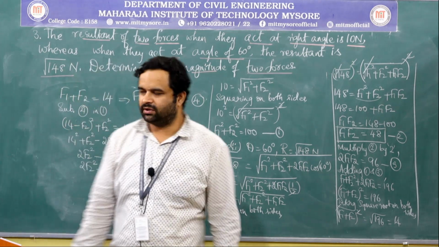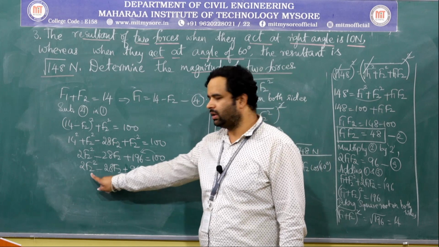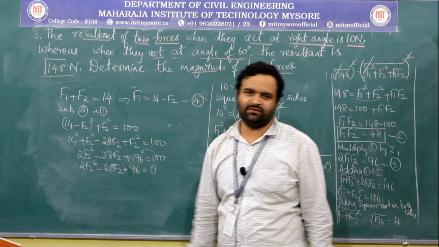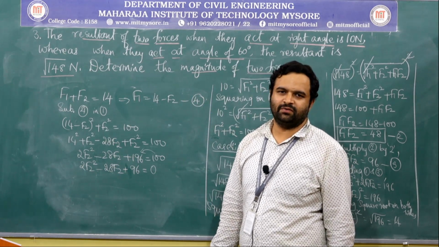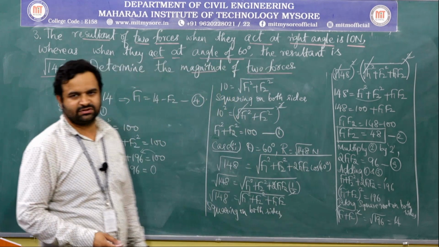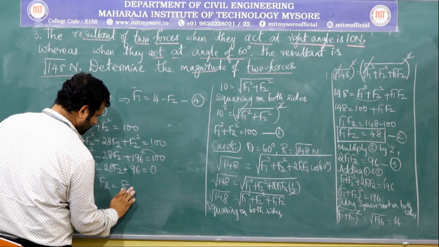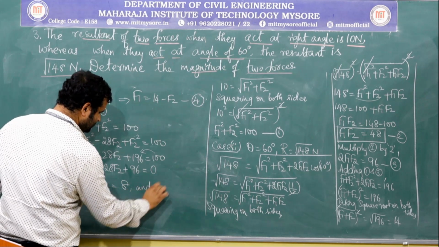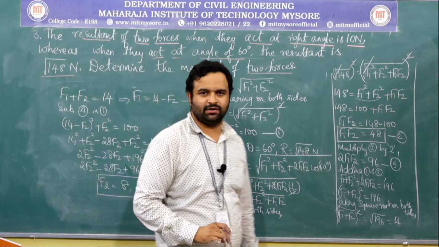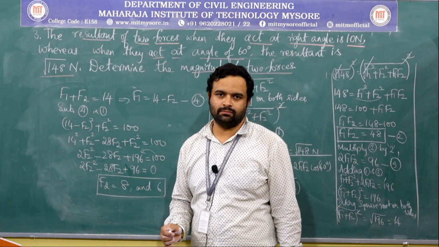Now, after you arrive at this particular equation, you need to calculate the roots for F2. So you will obtain two different values of F2. After simplifying this, we get F2 is equal to 8 and 6. These are the two values of F2.